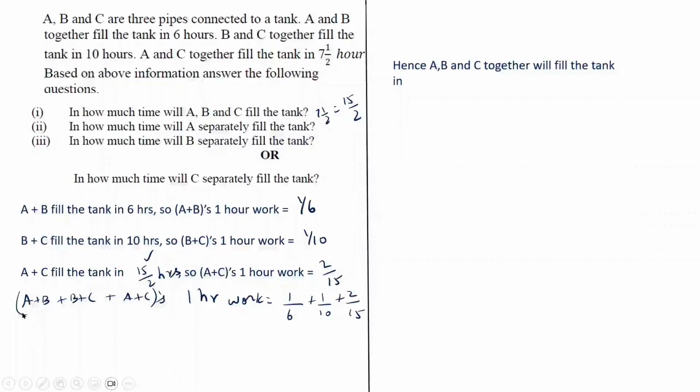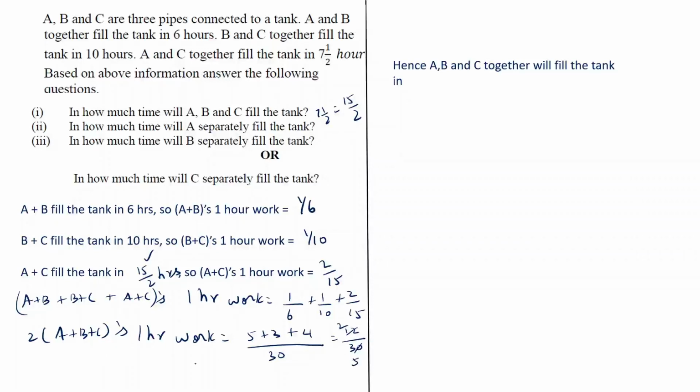Now here we can see that it is 2 into A plus B plus C, since we have 2A plus 2B plus 2C. So 2 times A plus B plus C is 1 hour work. Here the LCM is 30. So 5 plus 3 plus 4, so this is 12 by 30 or it is 2 by 5.